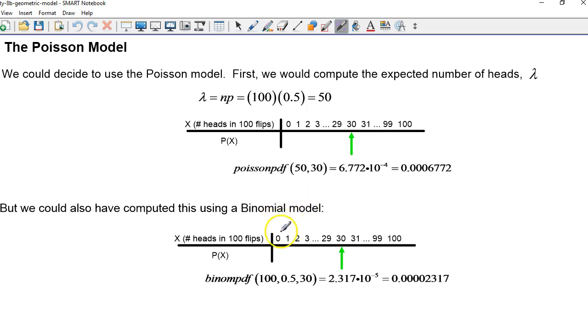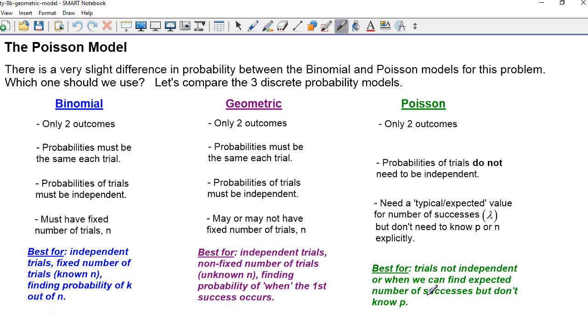We could have done binomial PDF, 100 trials, probability of 0.5, exactly 30, and that gives me a slightly different and a little bit lower value, 2.317 times 10 to the negative fifth. So there's a very slight difference in the probability. Which one should we use?